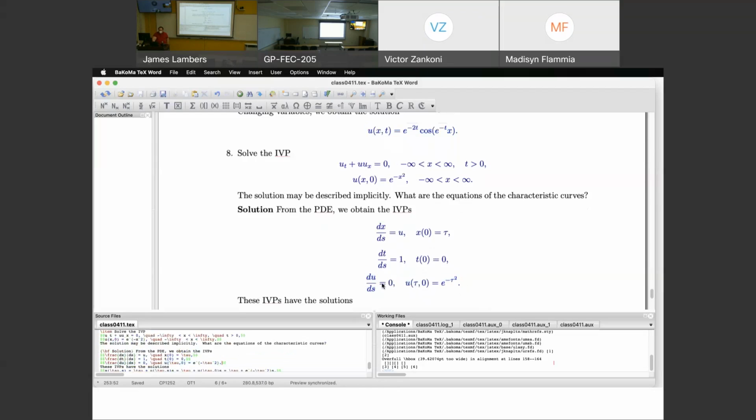And then you go back and solve these. Because here, this equation, dx/ds is equal to u. Well, u is a function of s and tau. In general, a very difficult equation to solve. But if you go solve this, what you find is that u actually does not depend on s at all, thus making this ODE easier.